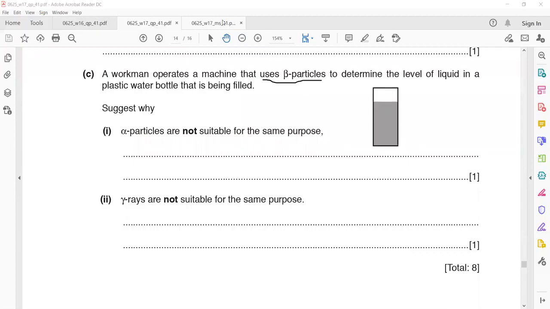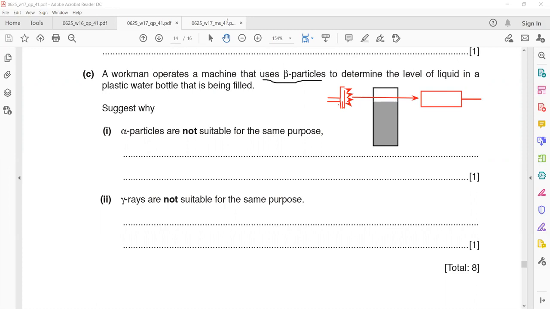They place a radioactive source and collimate the source. Collimate means radiation would come out in all directions, but we only allow radiation to pass in one way. And on the other side, a detector is placed.